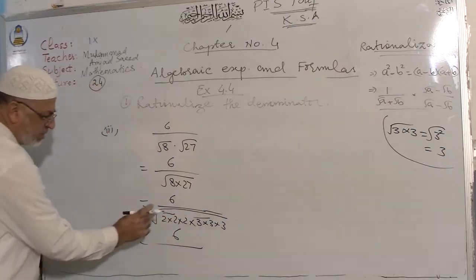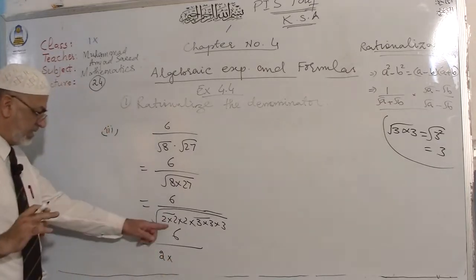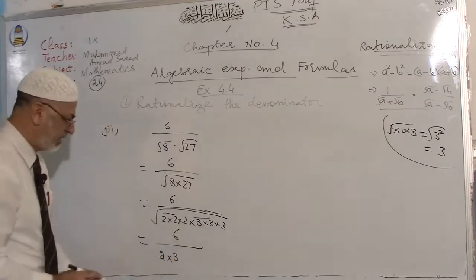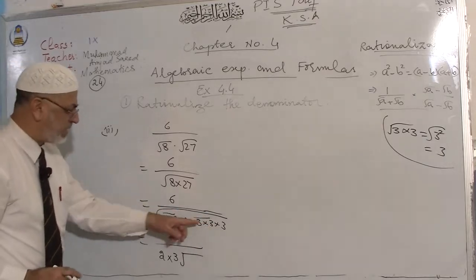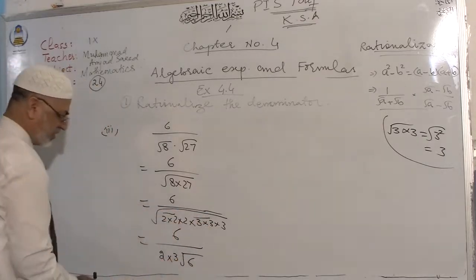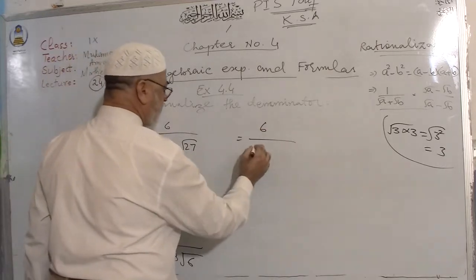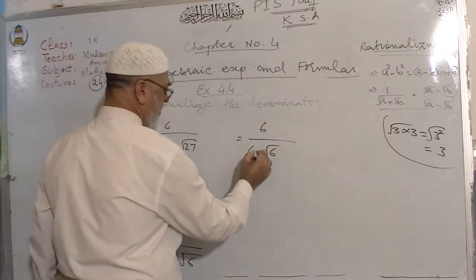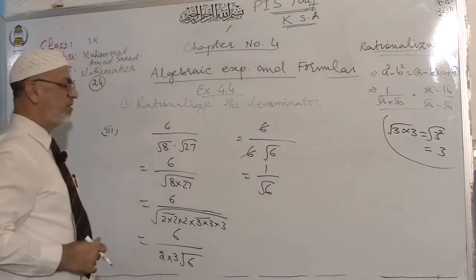So from double 2, one 2 will come out as a single. Here double 3, a single 3 will come out, and inside, the separate 2 and separate 3 are multiplied to get root 6. So you can write 6 over 6 into root 6. 6 cancelled out. 1 over root 6.